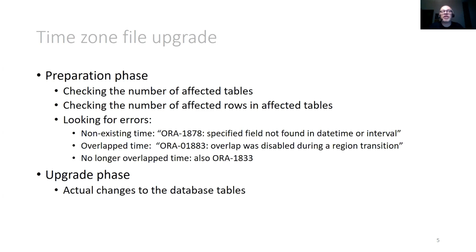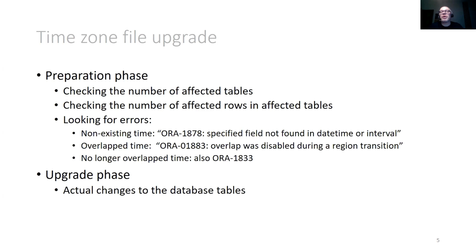There is also a third error that may exist, which is reported with the same error 1883. It's when a local time was an overlap time. In the old version of the time zone file, we had this given timestamp in the period of time that existed twice, right?